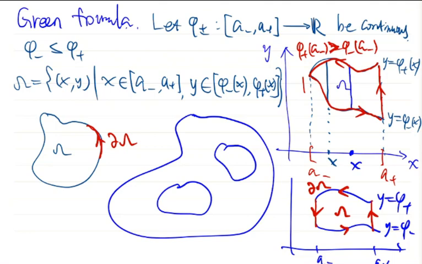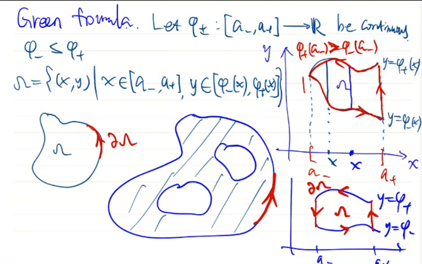Our domain is here. So the boundary consists of these three closed curves. The orientation on the outer boundary is given this way, because you go in this direction, the domain omega lies on your left.